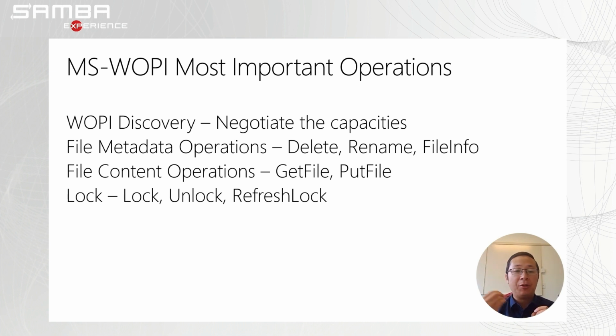It will be triggered by the administrator to negotiate from a backend admin tool. Once the negotiation is done, all the settings and configurations will be stored in the cloud storage for future operations. And then after discovery, we can actually perform operations of Office Online, right?